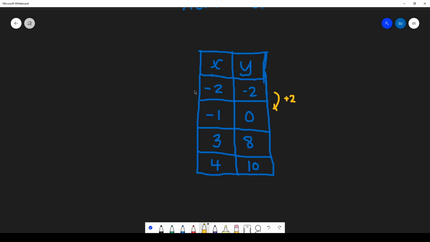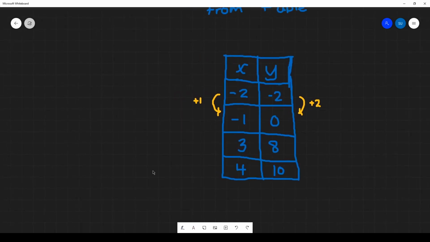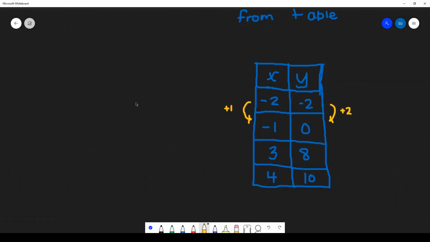And then the difference in x right here is positive 1. So this is going to be our delta y, and this is going to be our delta x, right? So if we apply our formula, we'll do m equals 2 over 1. We see that our slope is equal to 2.